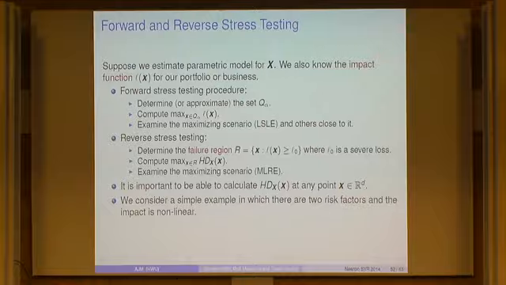They will lead to a value that makes you insolvent, literally perhaps, or at least makes investors in your company worry about continuing to invest in your company. So there's some idea of a threshold here that is a severe loss and a failure region. And what we want to do is find the scenario that is most plausible in this failure region. So in the failure region, we want to maximize plausibility.